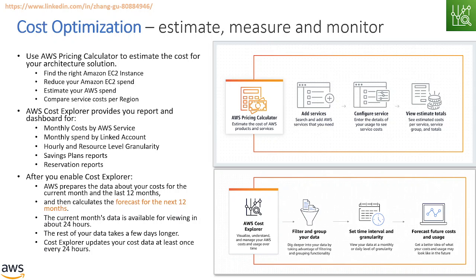For observation, AWS Cost Explorer lets you visualize, understand, and manage your costs and usage over time. It also forecasts your future costs and usage for the next 12 months and provides recommendations for you to choose certain service instances to optimize the cost.